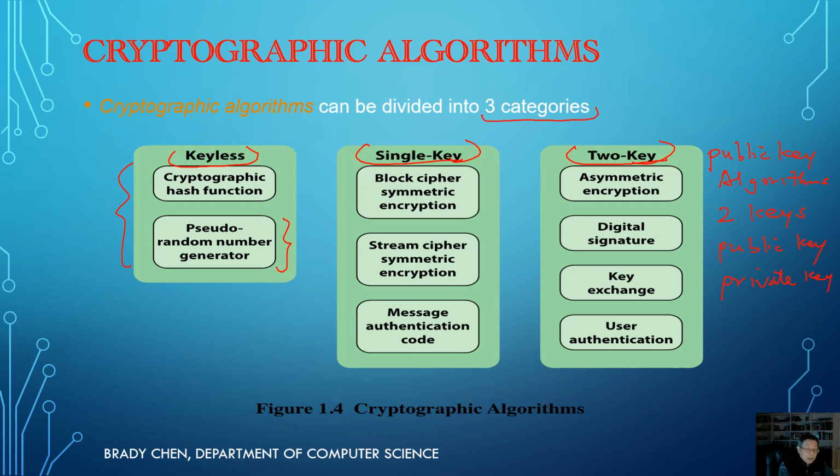Now here are four examples of the two key algorithms: asymmetric encryption, digital signature, which is very useful to send some kind of legal document, a key exchange algorithm, and user authentication. We can talk about all these in the follow-up modules.